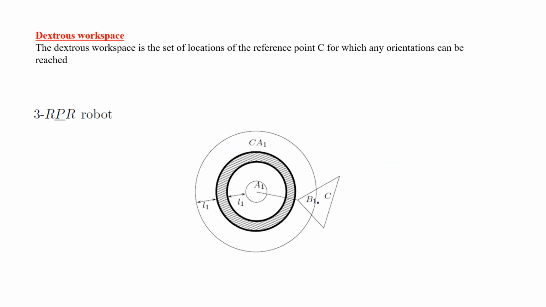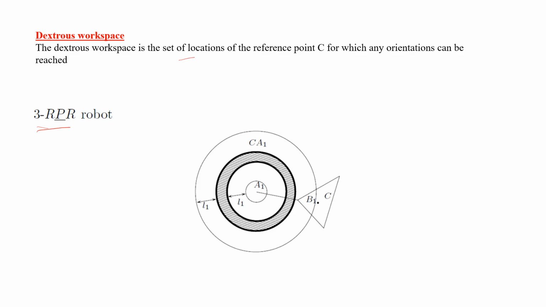The next approach for determining the workspace is the dexterous workspace. As we have discussed, the dexterous workspace is the set of locations of the reference point C for which any orientation can be reached. Consider the same example of the 3 RPR robot, and let us take a particular point C1 of this workspace.